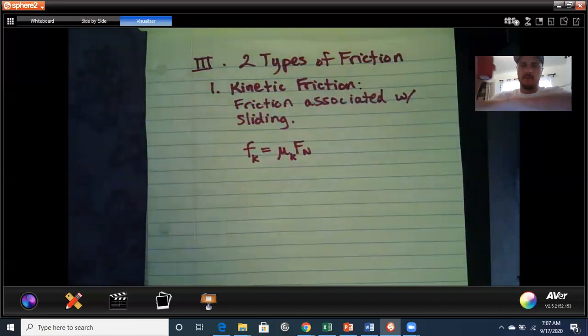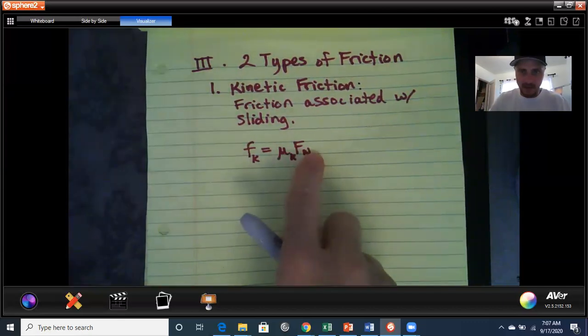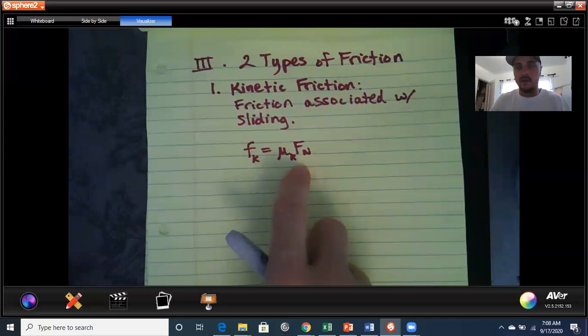Fn, the force provided from the surface, which in this case is my arm on this candle, that's acting upward, right? And in this case at least, if that's Fn, it's equal to mg, or the force of gravity acting down. Now if I start to slide this, I'm pushing straight on, there's no change in the Fn whether we're sliding or not, so that doesn't get a k with it, but these two definitely do.